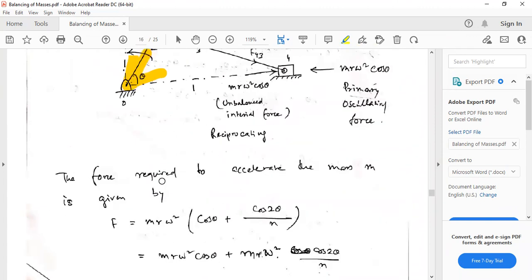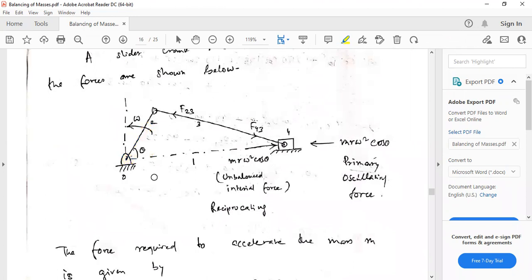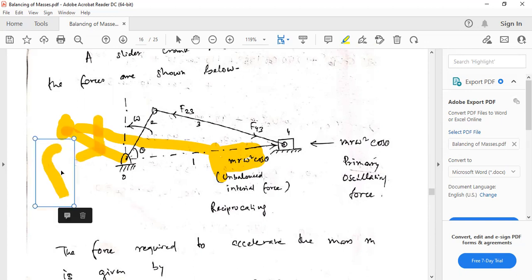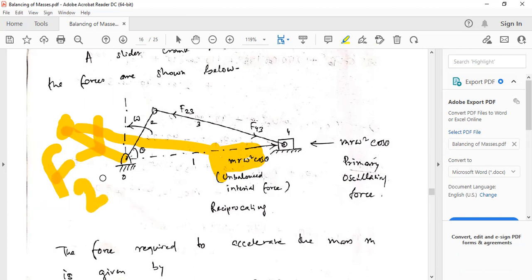So now we have taken F21 in this position. This is the position now, the crank is here, and we have the slider here. Here we have the force of 2 with respect to 1.